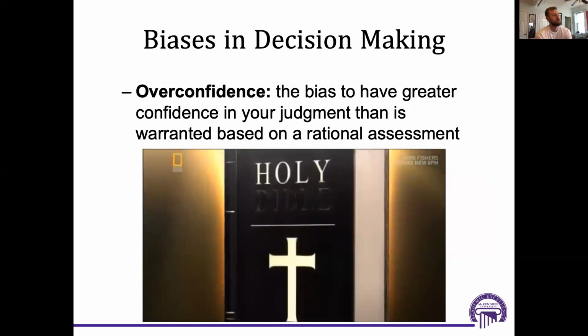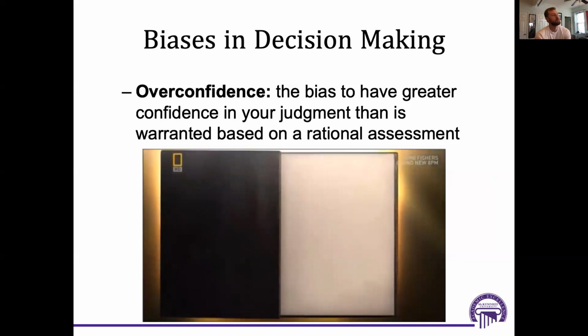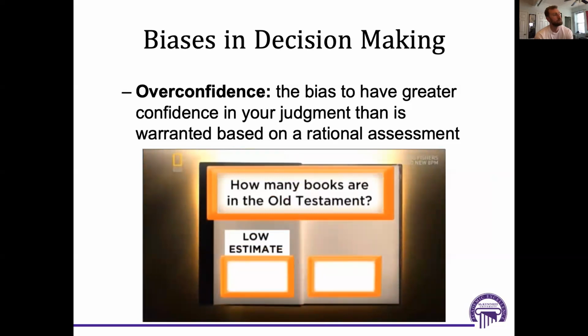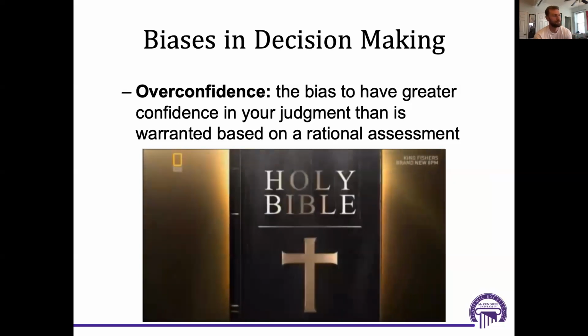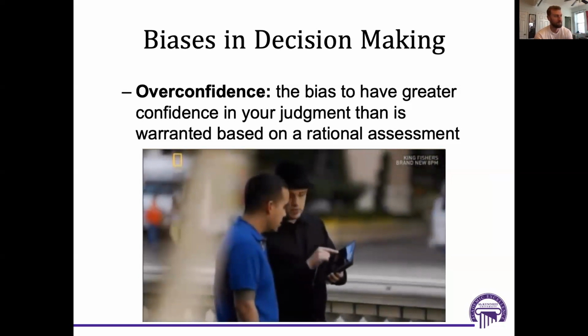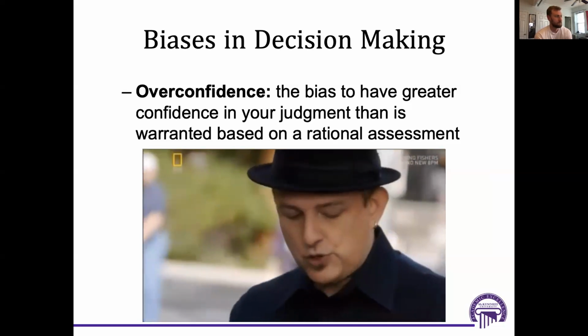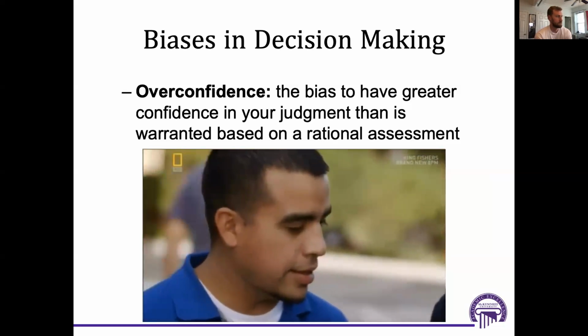This is the Bible. How many books make up the Old Testament? Remember, all you have to do is pick a range. Are you feeling pretty confident in your answer? Because we're pretty confident you just got it wrong. The number of books in the Old Testament. It's a range. Oh, 10. So we're going to say 10 books in the Old Testament.